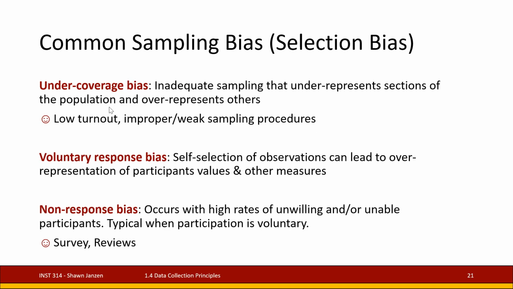So on sampling biases, also known as selection bias, there's three that I want to cover here. The undercoverage bias is an inadequate sampling. This causes problems with overrepresentation and underrepresentation in our sample. Think about people who still have landlines versus those that have cell phones.